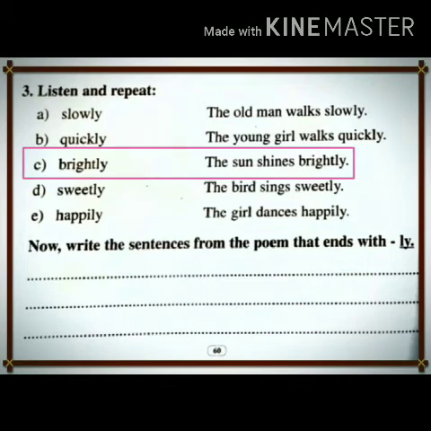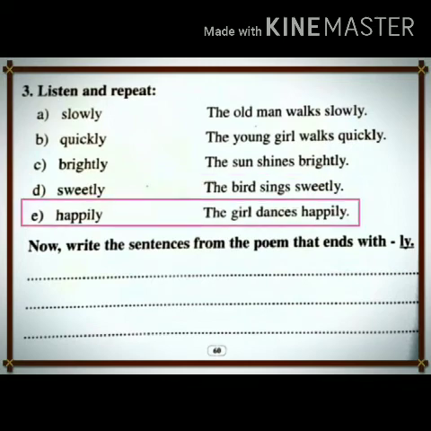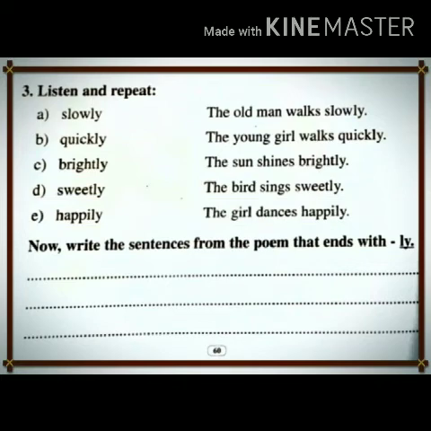C. Brightly. The sun shines brightly. D. Sweetly. The bird sings sweetly. E. Happily. The girl dances happily. Okay, students, try to read these words and the sentences formed by the words at home.